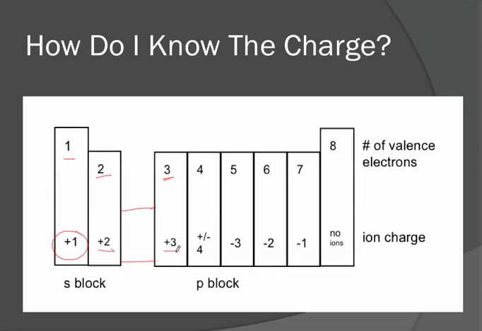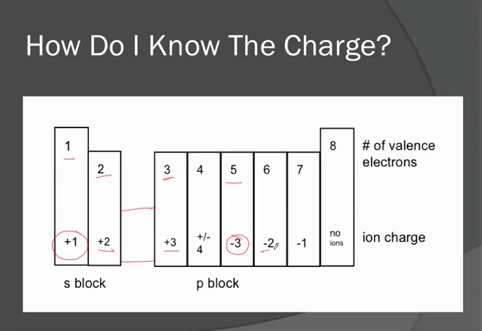But group 15, at least all the ones we'll use in group 15, because they have 5 valence electrons, they will gain 3 negative charges and have a charge of -3. Group 16, because they have 6 valence electrons, they'll gain 2 and become -2.